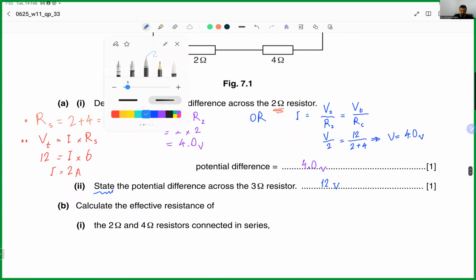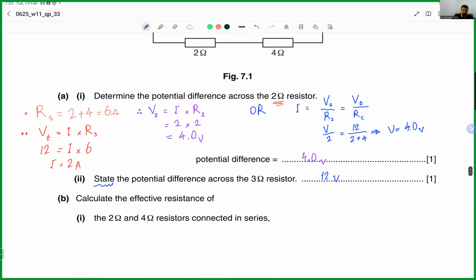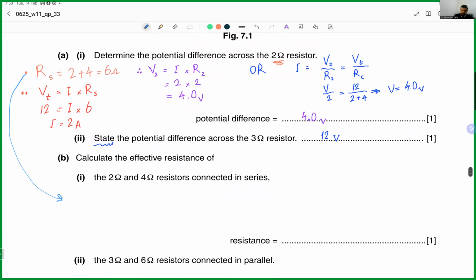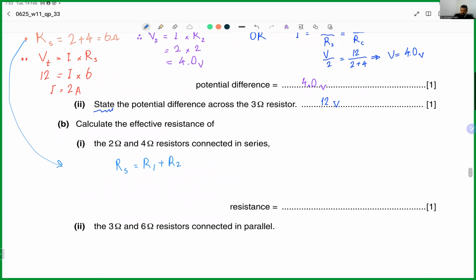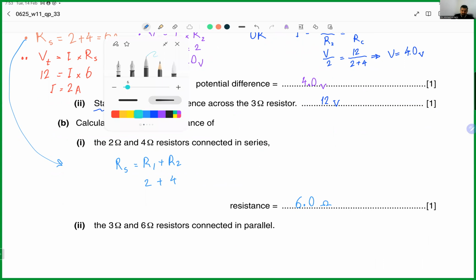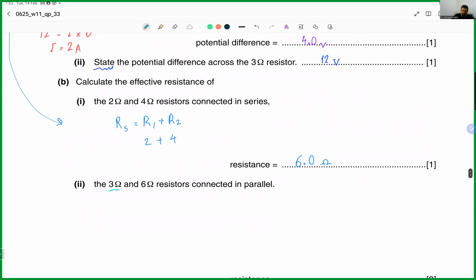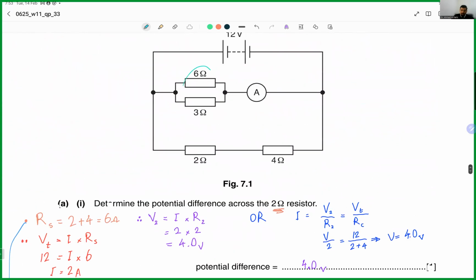Next part, they ask: calculate the effective resistance of the 2-ohm and the 4-ohm resistors, which are connected in series. R in series equals R1 plus R2, so 2 plus 4, and the answer is 6 ohms. Next question. The 3-ohm and the 6-ohm resistors are connected in parallel.